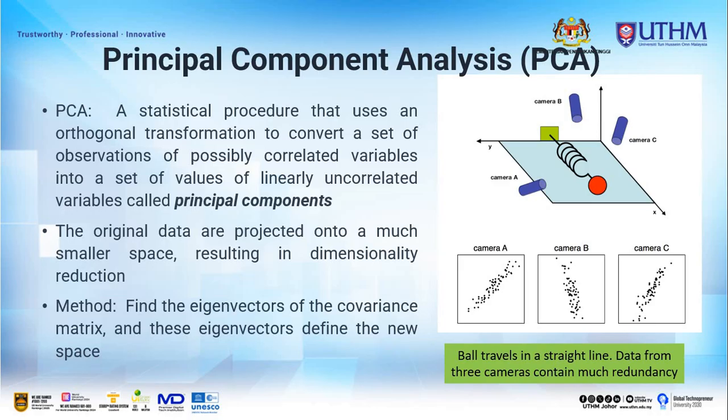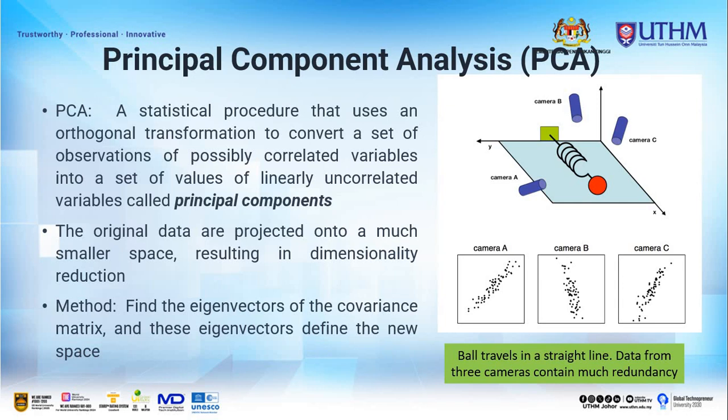Projection onto a smaller space. The original data is projected onto a smaller space, resulting in dimensionality reduction. So the method: first, compute the covariance matrix. Second, find the eigenvectors and eigenvalues of the covariance matrix. These eigenvectors define the directions of maximum variance in the data.